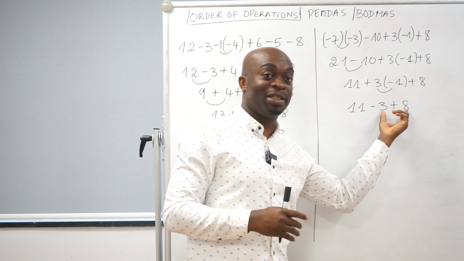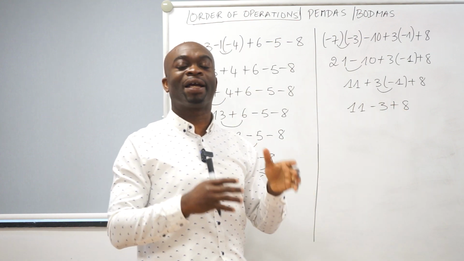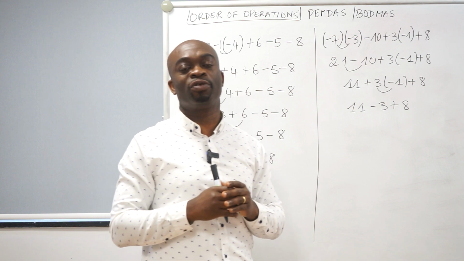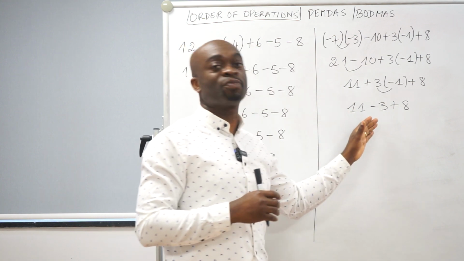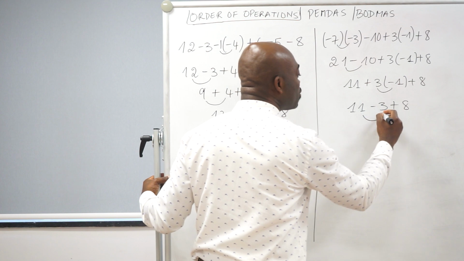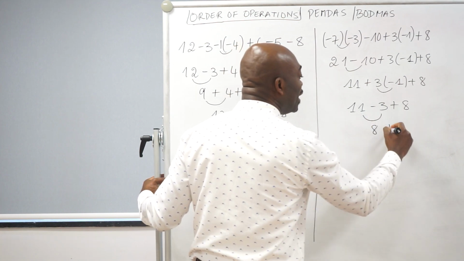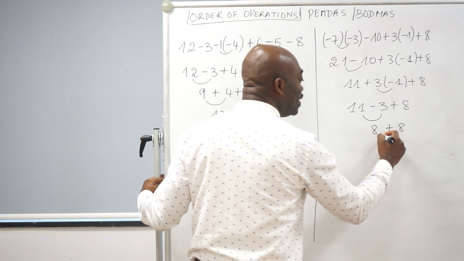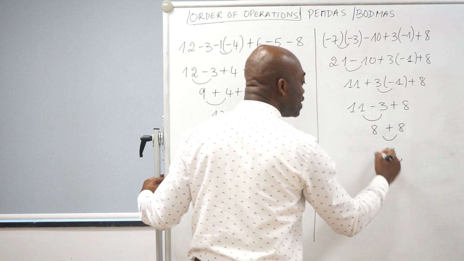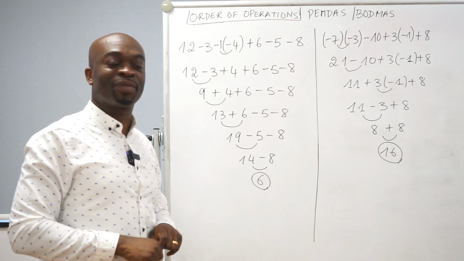Between these two, it's an addition, right? So we can go back and work with the exception of the rule that says work from subtraction first before the addition. So that would give us what? 11 minus 3 is going to give us what? 8. Okay? And then we bring down the other 8. And 8 plus 8 gives us 16. And this is it. All right, ladies and gentlemen.